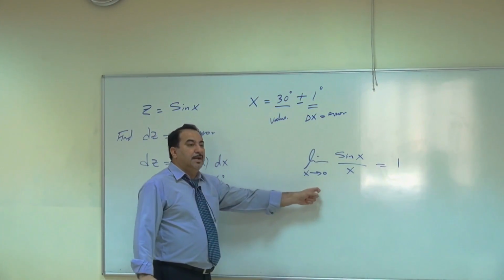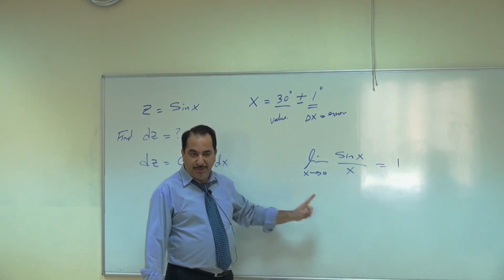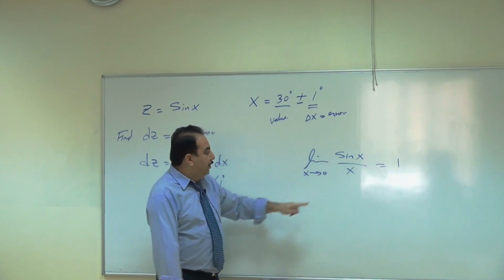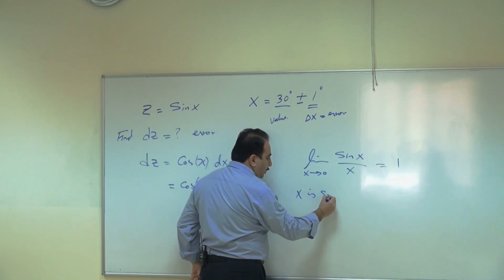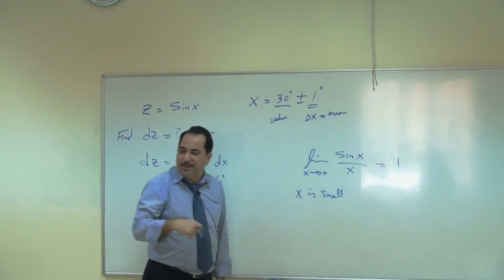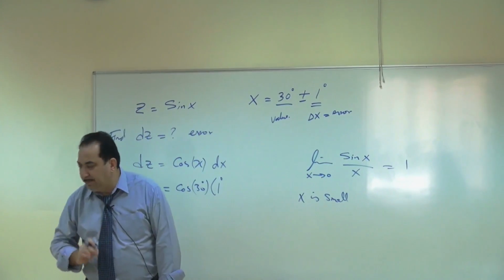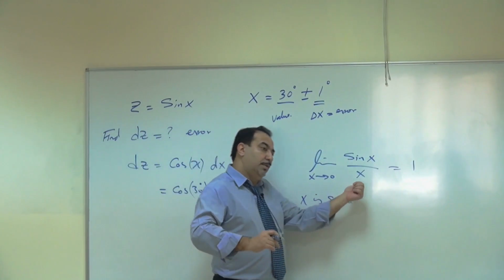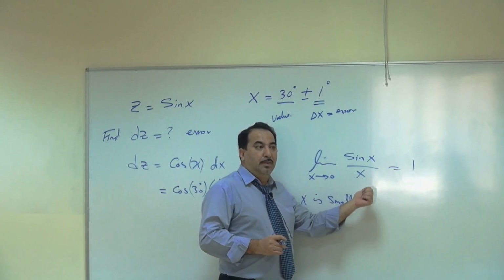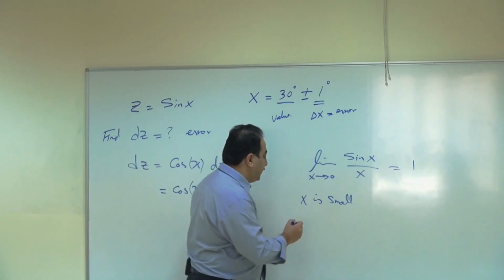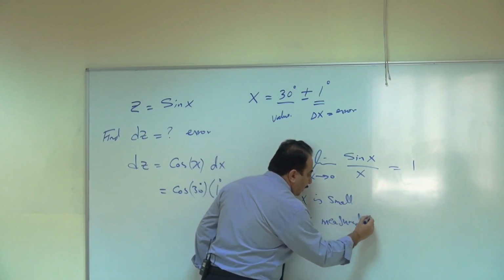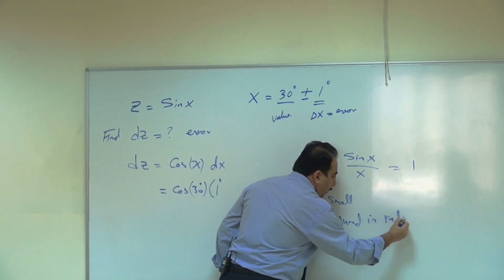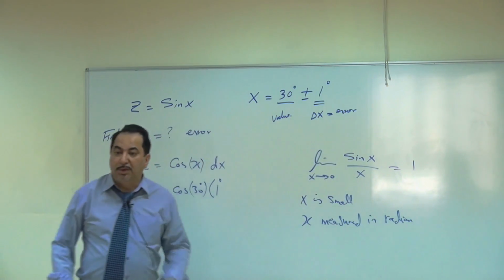Now, this formula is true, but there are two conditions for this. It is not always true. This formula is true when x is what? Small, because x approaches 0, it means x is small. The other condition, which I don't know if you remember, is that this formula is valid when x is measured in radian, not in degree.